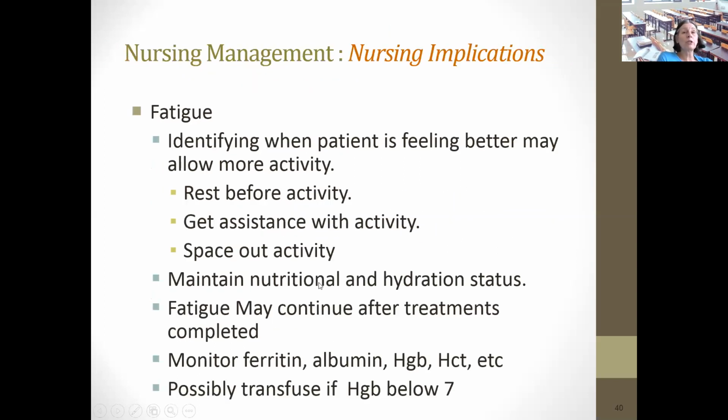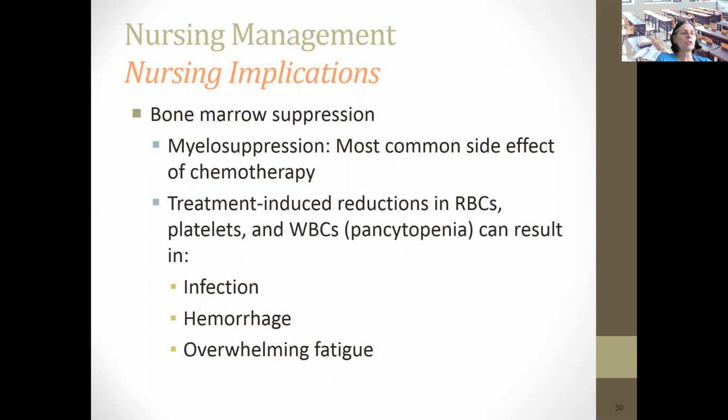So bone marrow suppression, myelosuppression. Myelosuppression is the most common side effect of all of our chemos. What happens is we give the chemo, and bone marrow is rapidly dividing cells. Our complete blood replaces itself every 120 days. Each cell has die-off and replacement.